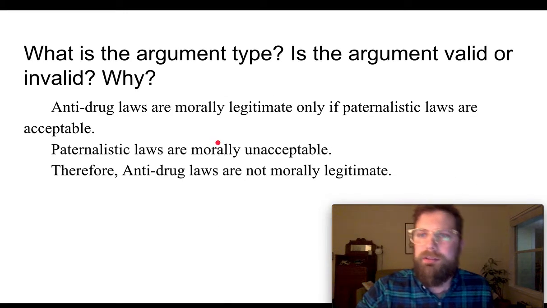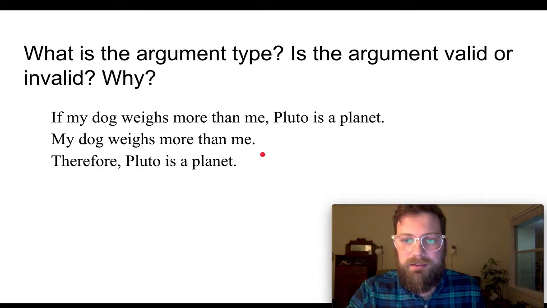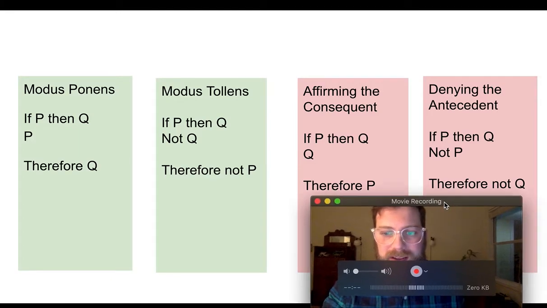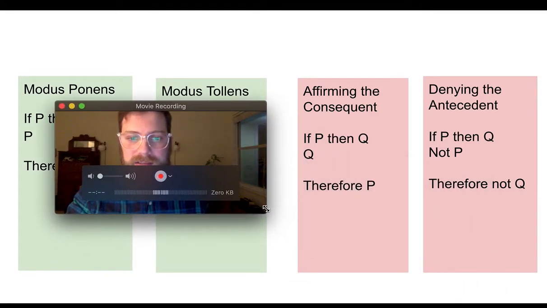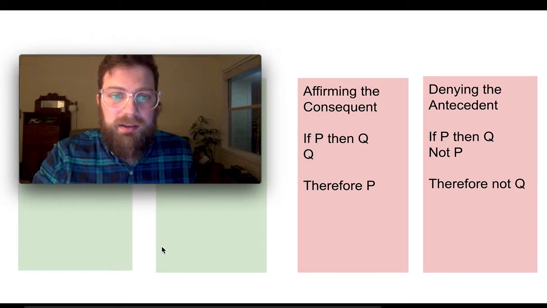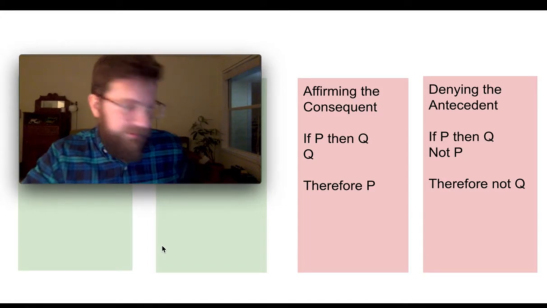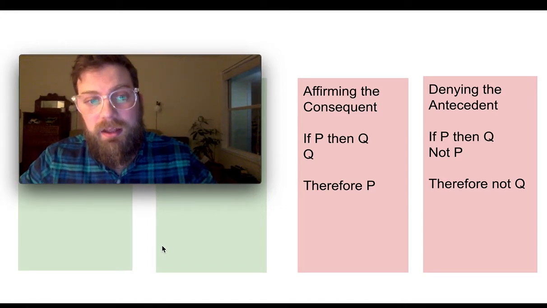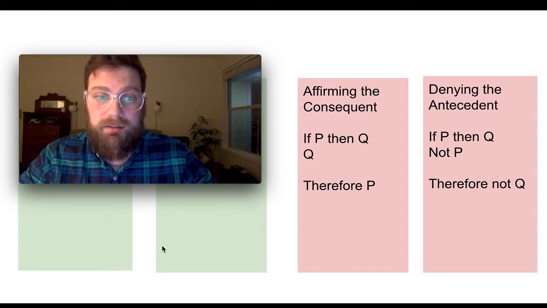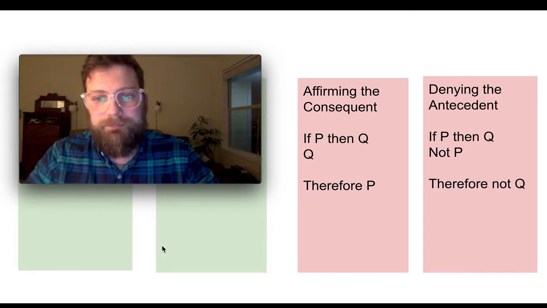All right, let's wrap up quickly talking about informal fallacies. I pointed out that affirming the consequent and denying the antecedent are fallacies, where the word fallacy just means a line of reasoning which is very tempting to take, but which is problematic in terms of getting us to the truth.